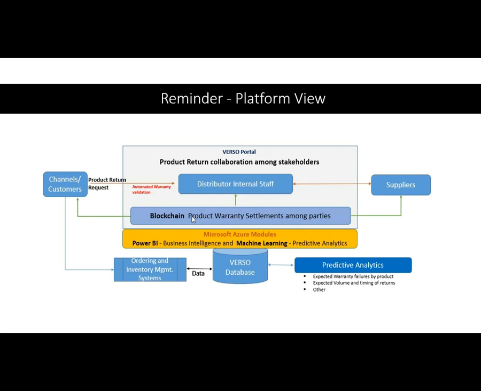The other one is machine learning. The machine learning module in Azure is very intuitive, and we've built a couple of experiments with a data scientist that allow us to predict product return behavior. You can imagine how important that is. So that's the Microsoft Azure component here. We also have integration with Office 365 and Slack as well, and we'll talk more about that.